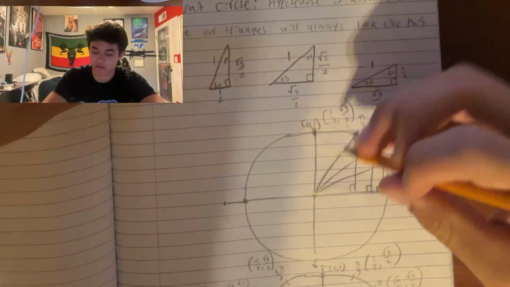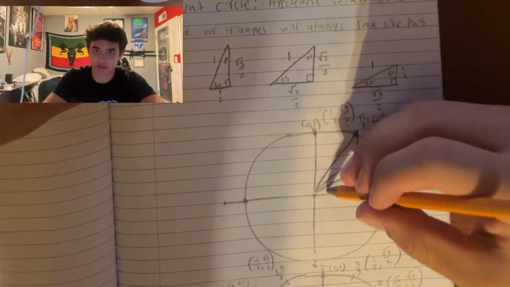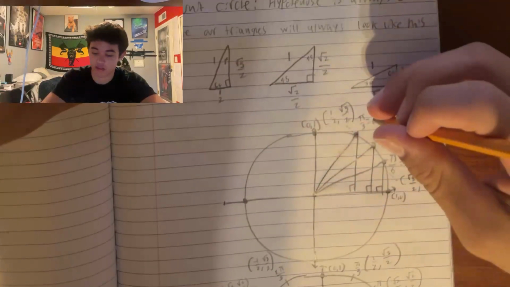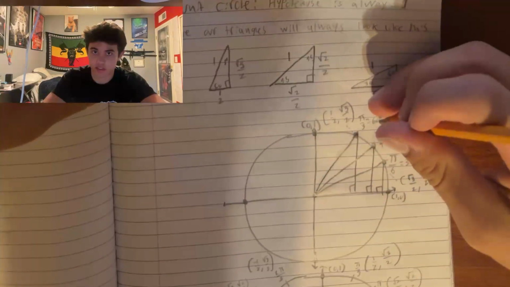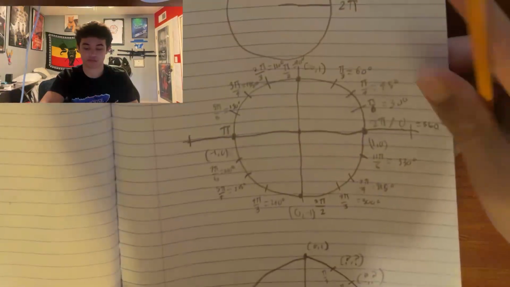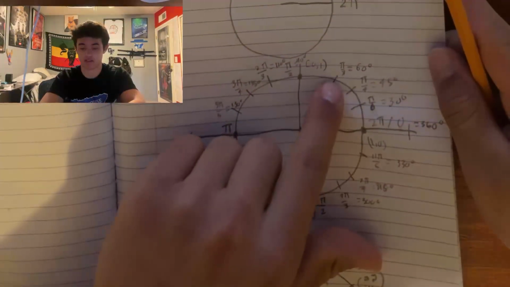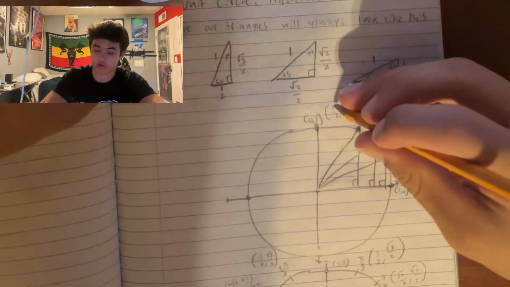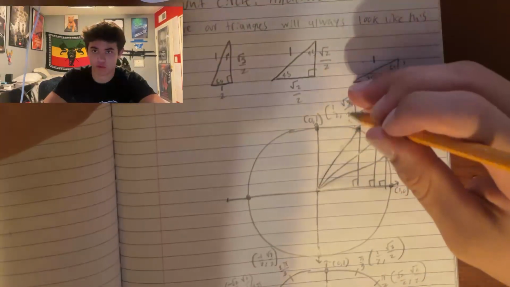So right here at this 60 degree angle, it's a 30, 60, 90 degree triangle. 60 degrees, also known as pi thirds, as we saw when we were looking at the radians. So at pi thirds, the coordinate is 1/2 and root 3 over 2.